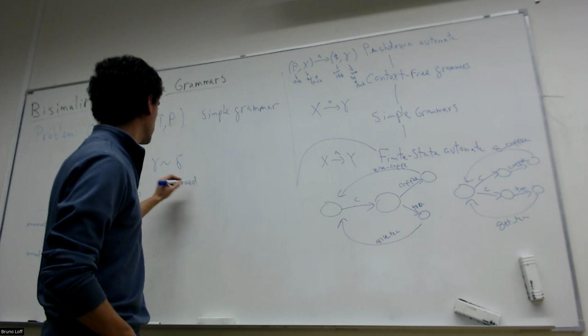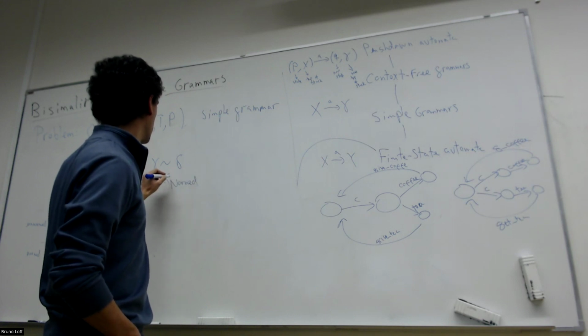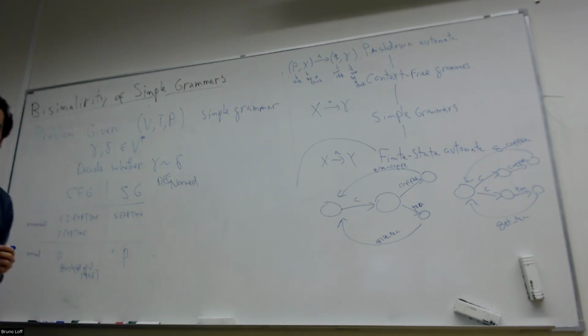Sorry, how much space does it need? What do you mean? It's in EXPTIME, but do you need exponential space? I don't know if polynomial space is enough. I really don't know. I would have to see the reduction. If you show it's in PSPACE and the other is EXPTIME-hard, then you kind of separated it. I see.